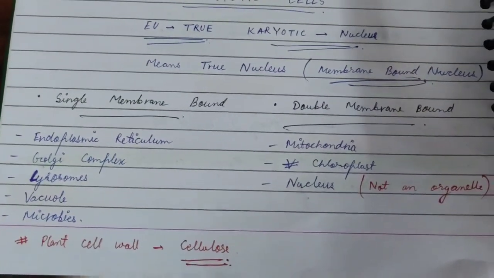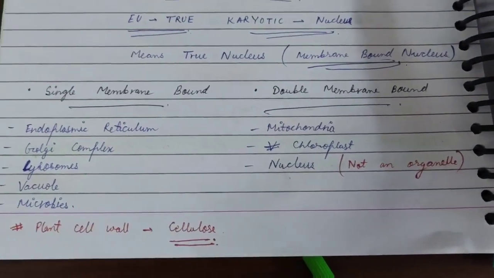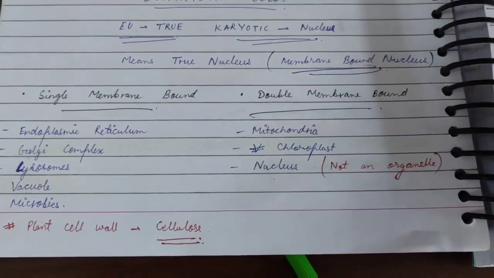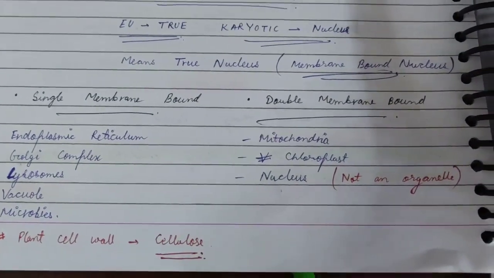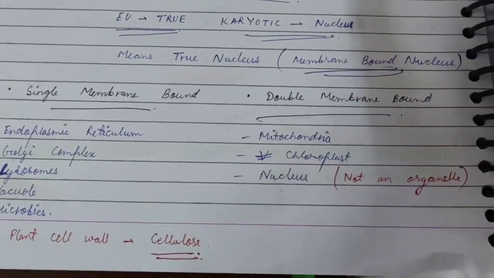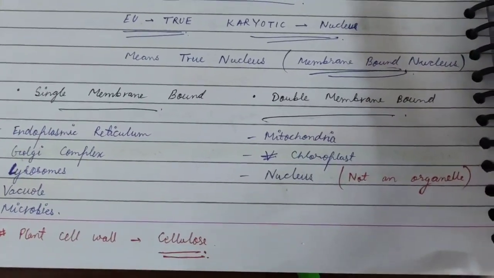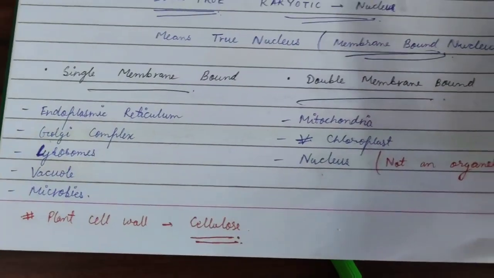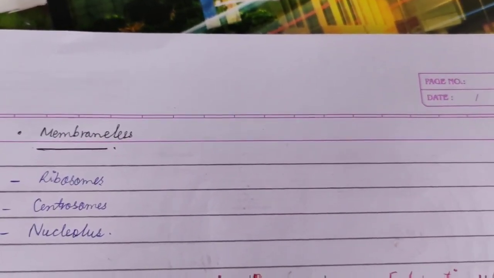Single membrane bound organelles are endoplasmic reticulum, Golgi complex, lysosomes, vacuoles, and some microbodies present inside the cell. Second, double membrane bound organelles are mitochondria and chloroplast. Nucleus is also double membrane bound, but it is not an organelle. Third, membraneless organelles are ribosomes, centrosomes and nucleolus.